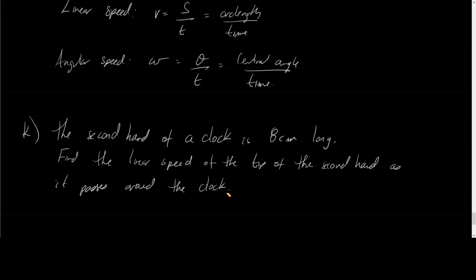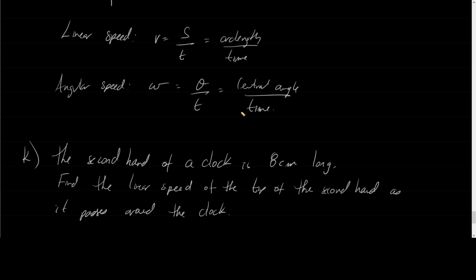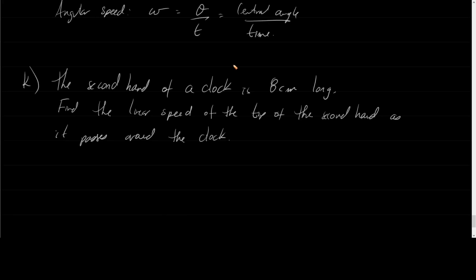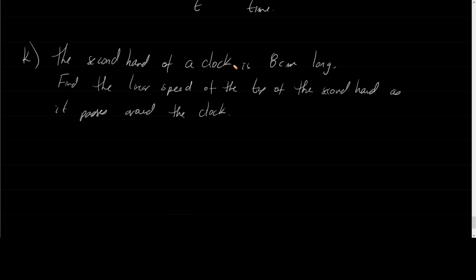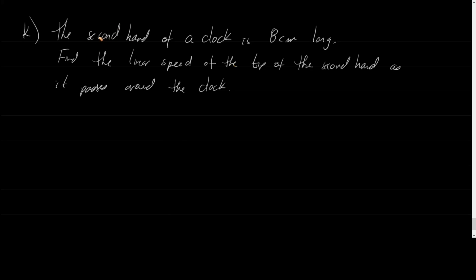So we're looking for the linear speed, so we need the arc length over time. Since we're talking about the second hand, if we look at a clock, this hand right here is 8 centimeters, and it's moving all the way around the clock.